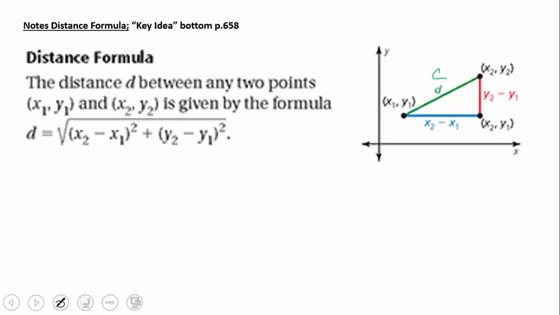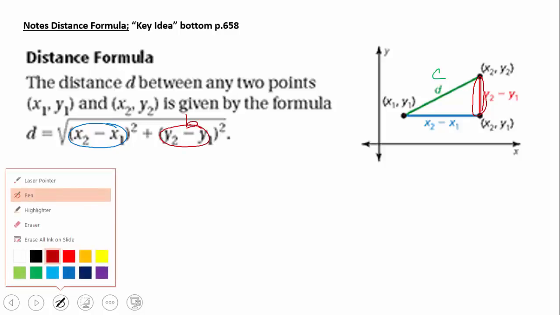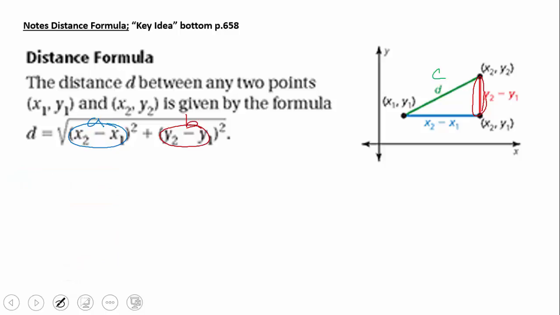And they've taken the horizontal distance between the two x values, and they've subtracted them to find that distance, and they've squared it. And then they've taken the two verticals, the y2 and the y1, and subtracted to find that distance. So really, this is b, this is a, and it doesn't matter which one you put where. Please understand they're interchangeable.